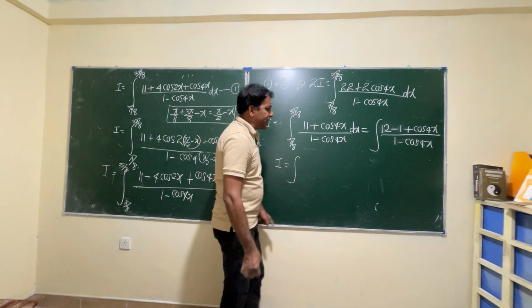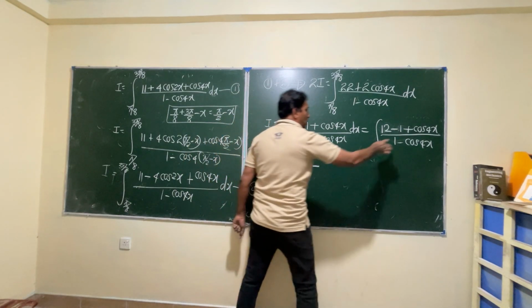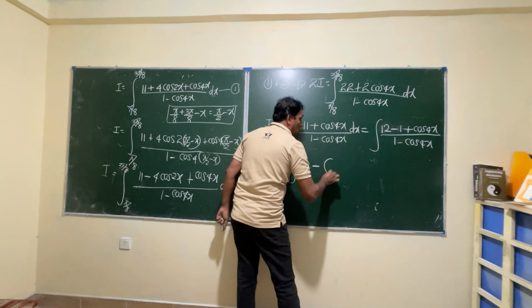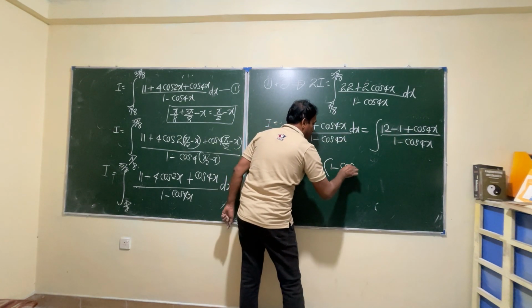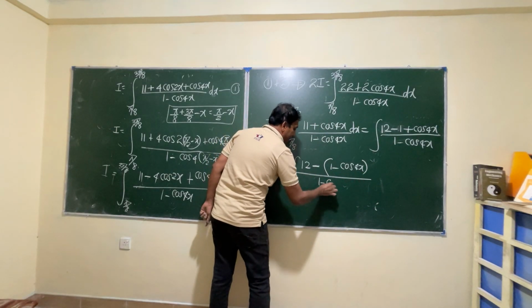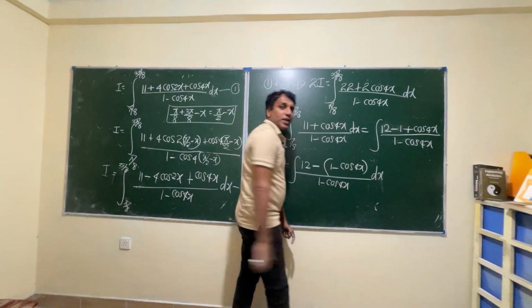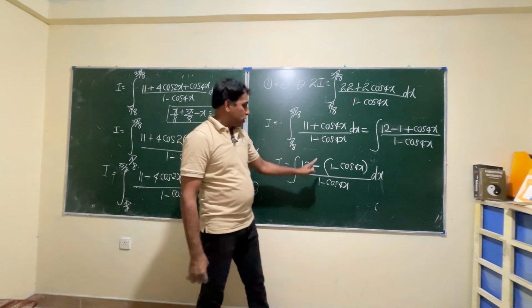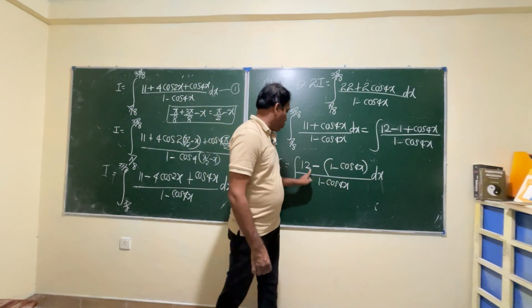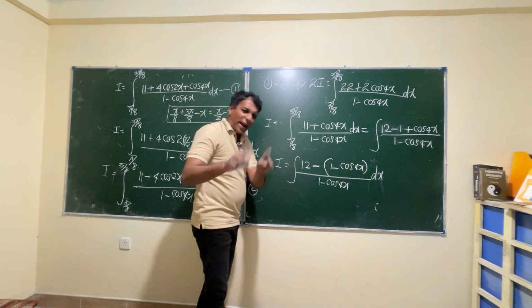So therefore I equal. See, can I write 1? Yes, 12. Take the minus out, children. Take the minus out. 1 minus cos 4x, right? Wow, over 1 minus cos 4x, right? Into dx, right? Here 12 minus 1, 12 minus 1 available, minus plus available. Now write separately.